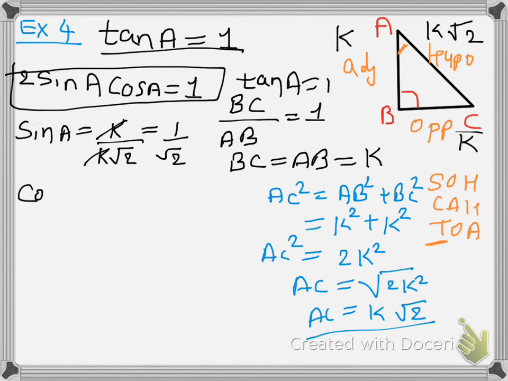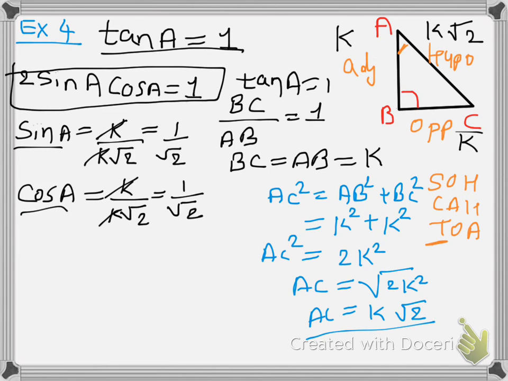Cos A is equal to adjacent over hypotenuse, so AB is the adjacent side in this triangle, right? And it's k over the hypotenuse, which is k times square root of 2. Again, k gets cancelled out, and we are left with 1 over square root of 2. So now we have both the values, sine A and cos A.